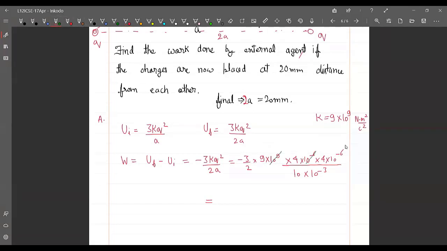Nine minus 6 is 3. 3 minus 6 is minus 3. That is giving me minus 21.6 joules.